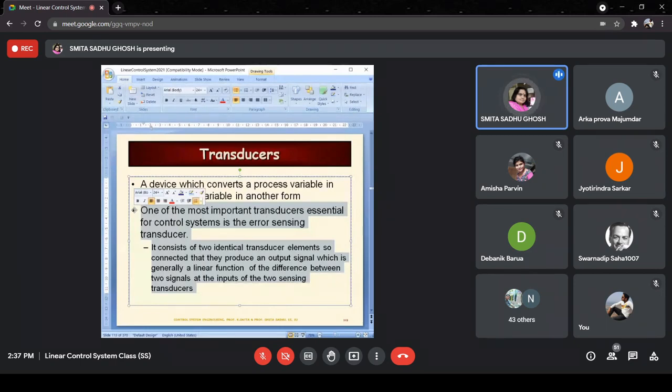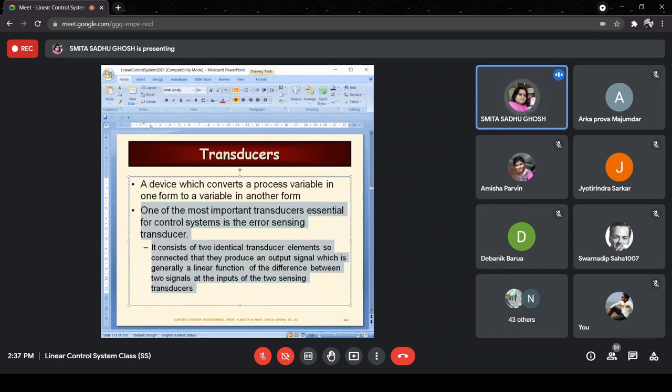The error sensing transducer is one of the most common transducers used in control systems, because we need to compute the difference between two signals and then generate an equivalent signal which is going to drive the plant.